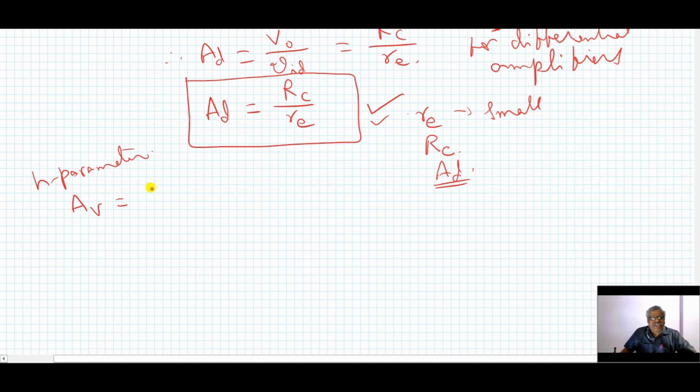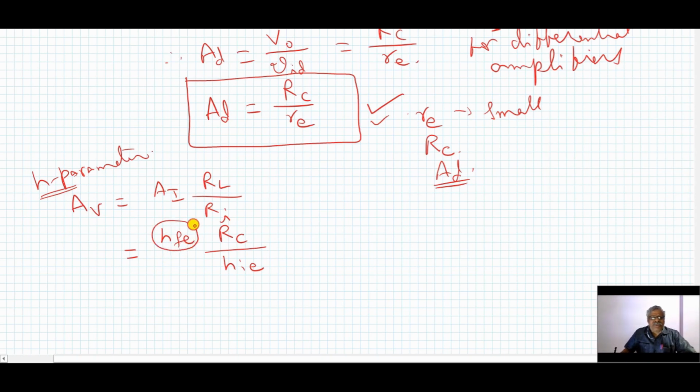The expression we get is current gain AI into load resistance divided by input resistance. If you use the approximate model, then our gain will be nothing but HFE into RL. Load resistance will be our collector resistance RC and input resistance will be equal to HIE. This is the simplified expression we get for the voltage gain of the CE configuration by using the H parameter model.